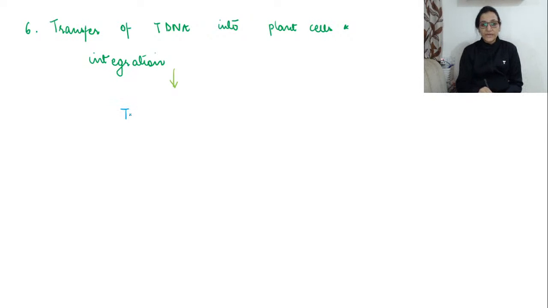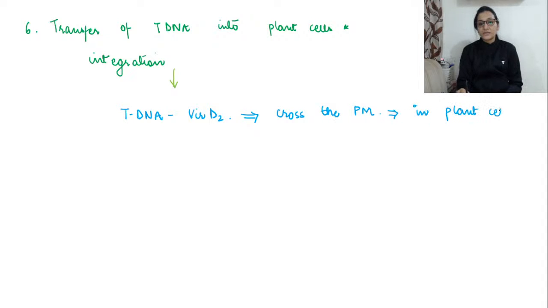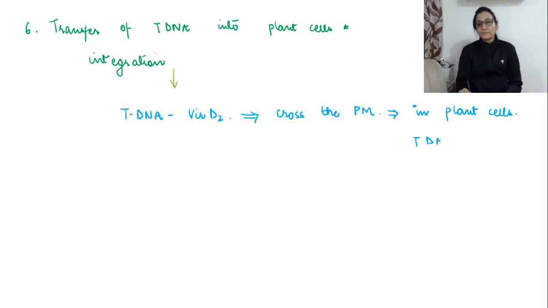So tDNA will be in association with Vir D2 products. And the tDNA with D2 complex is going to cross the plasma membrane. Now in the plant cells, the tDNA gets covered with Vir-E2.